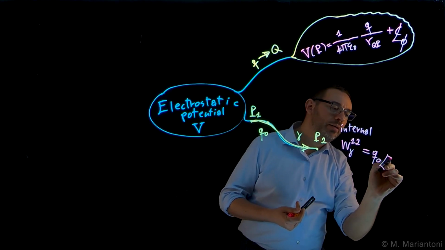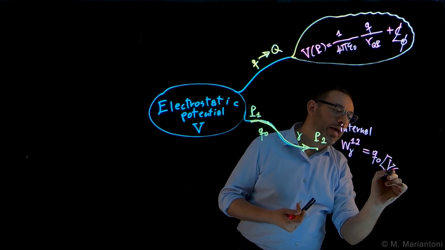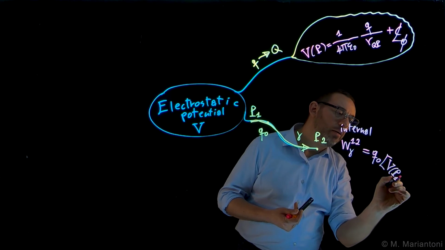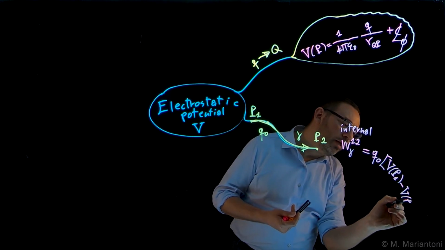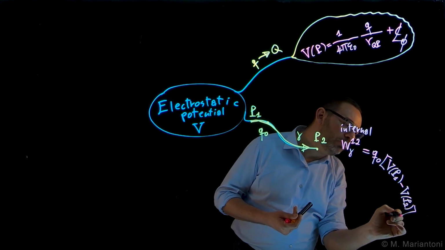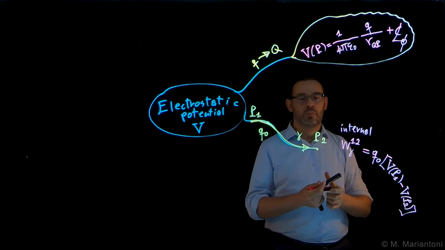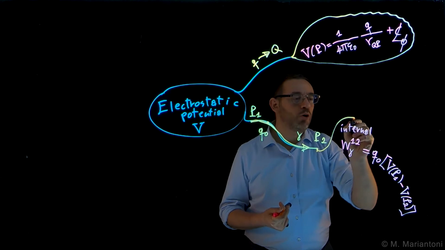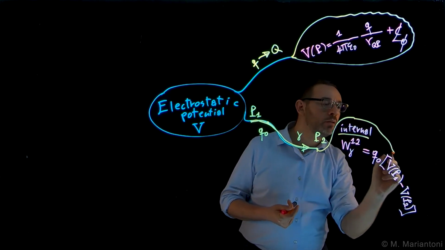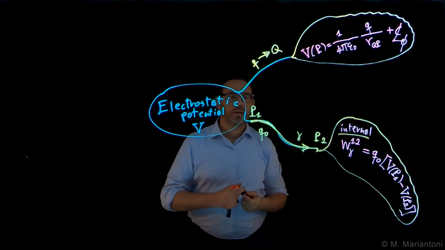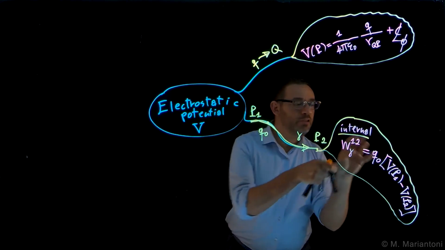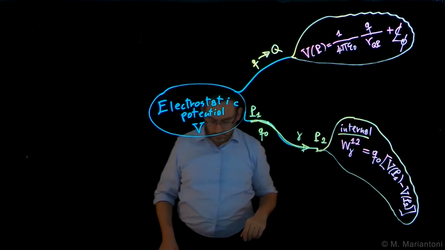The typical mistake, this is V at the initial point minus V at the end point, capital P2. Great. So we found the work of the internal forces. All right? That's good. Of course, the work of the external forces is just minus that.